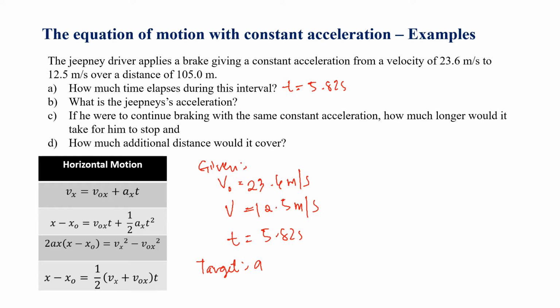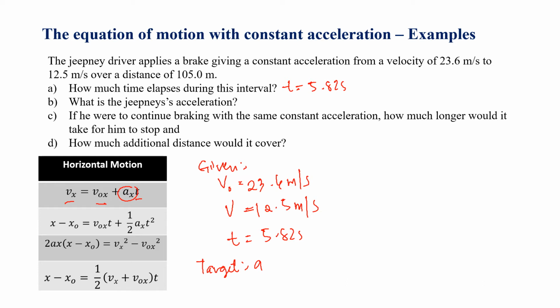Let us look at your 4 equations of motion and see which equation we're going to use to solve the problem. Our target is the acceleration. By looking at your equation 1, we have the given v, we have also v naught, and we also have your time t, and our target acceleration. So we can use equation 1.